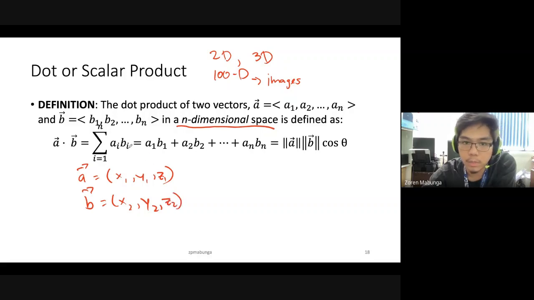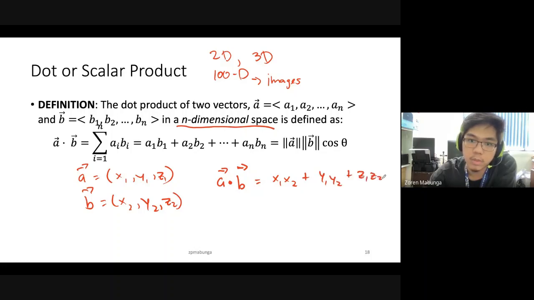Pag kukunin mo yung dot product using this formula, yung dot product ni A and B, represented by this dot. Pag ganyan nakita nyo, dot product yan. So equal lang yan sa x1, x2 plus y1, y2 plus z1, z2. Okay? So, yun na yun.